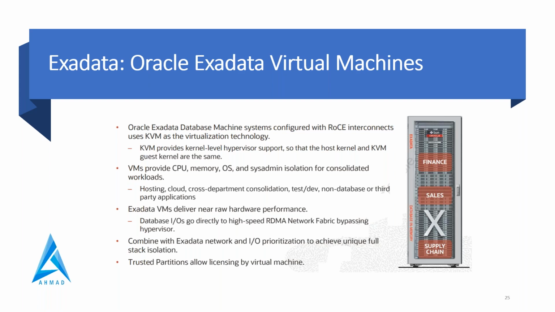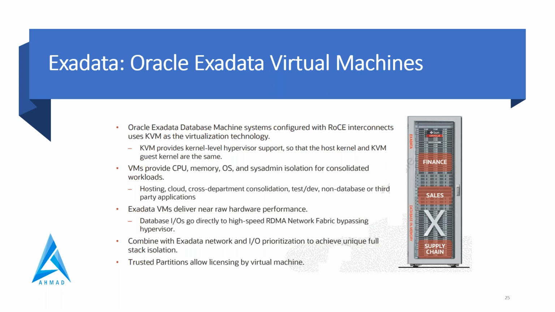Virtual machines on Exadata are considered trusted partitions, and therefore software can be licensed at the virtual machine level instead of the physical processor level. So this is the licensing part. Without trusted partitions, database options and other Oracle software must be licensed at a server or cluster level.